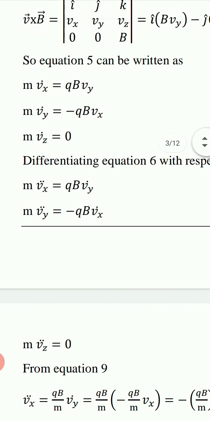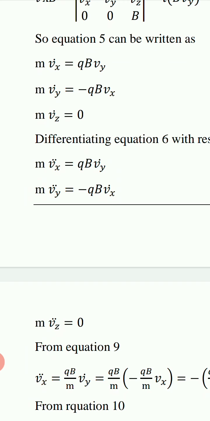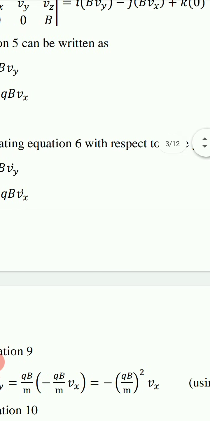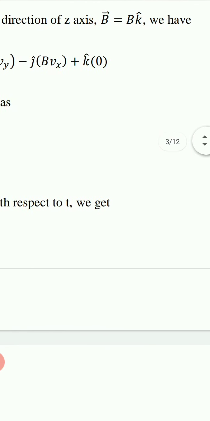Then we have this second equation, m vy dot equal to minus q b vx. Similarly, for the z component, m vz dot is 0, because the z component of v cross b is 0.